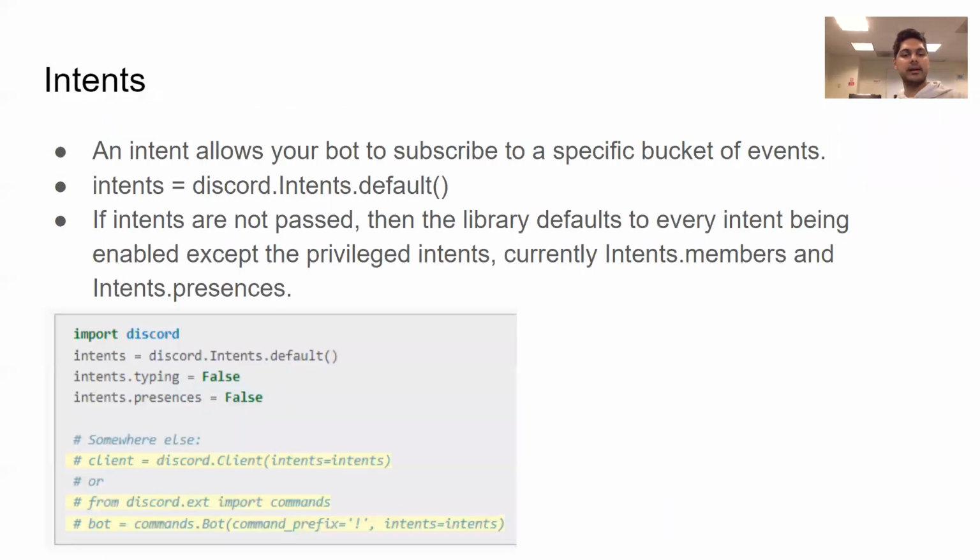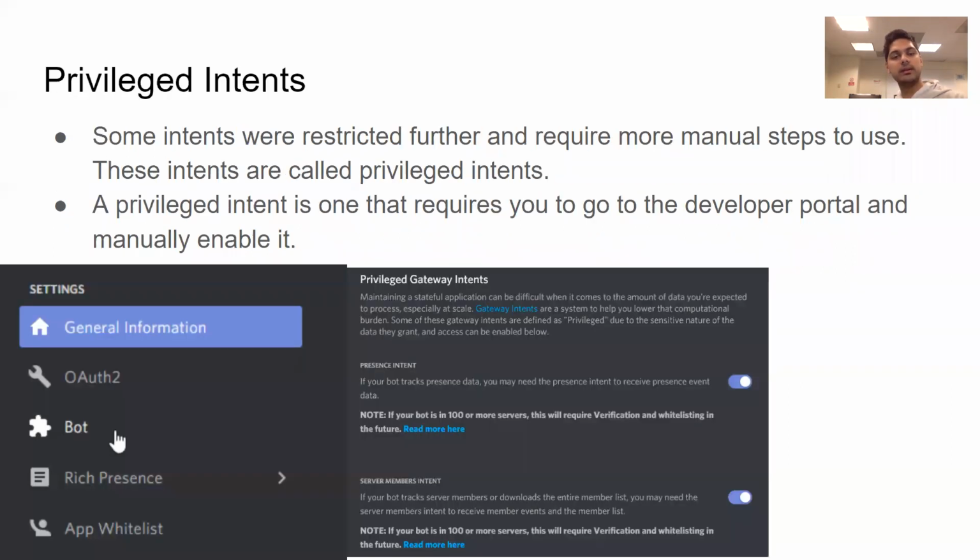Okay, intents. Intents allow your bot to subscribe to a specific bucket of events. So there are certain limitations if you don't have intents on, so sometimes we do need to have intents on. And why do we need intents? If you wanted to enable intents, you need to go to bot and click these on.